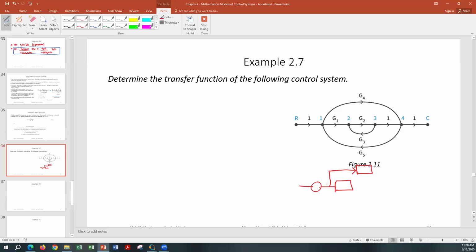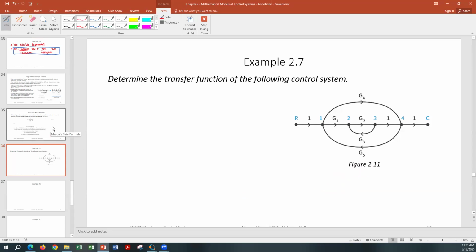This is the forward path, and then G4. So in this case, this becomes a forward path as well, and you cannot eliminate this forward path using the feedback path. Okay, coming back to this, we have to write the transfer function.